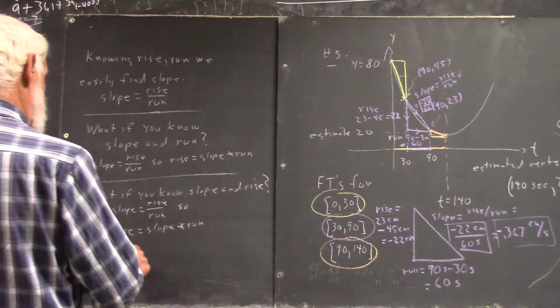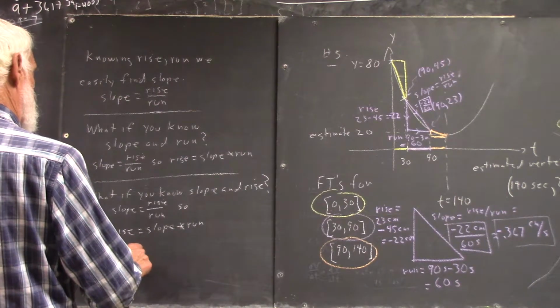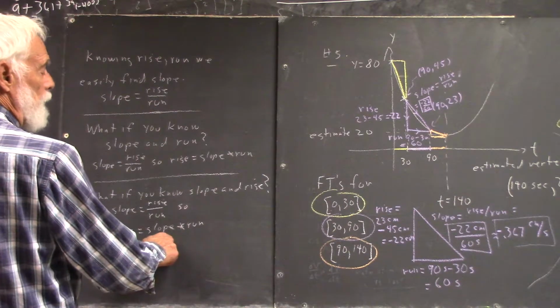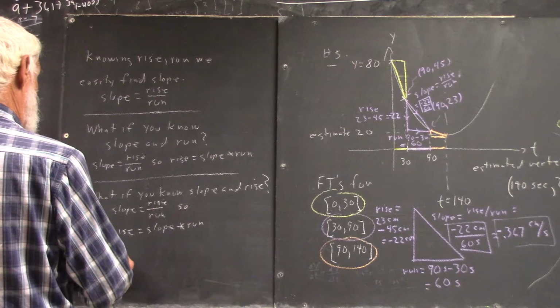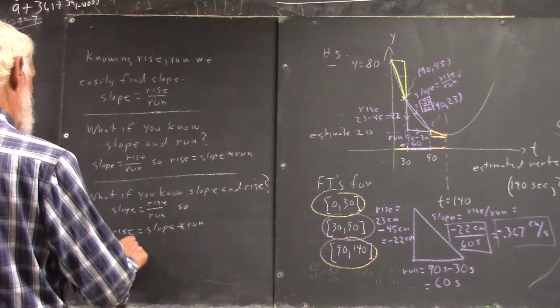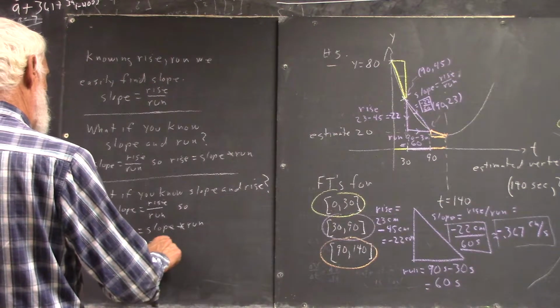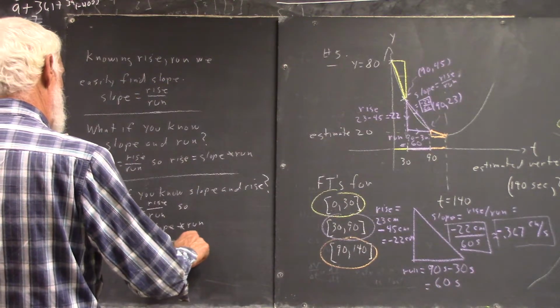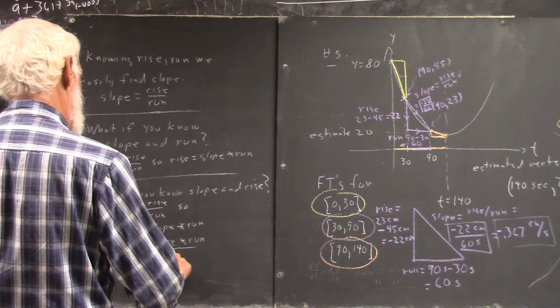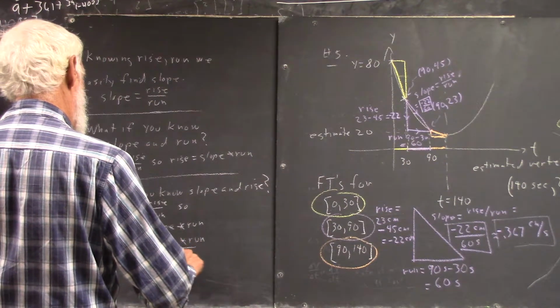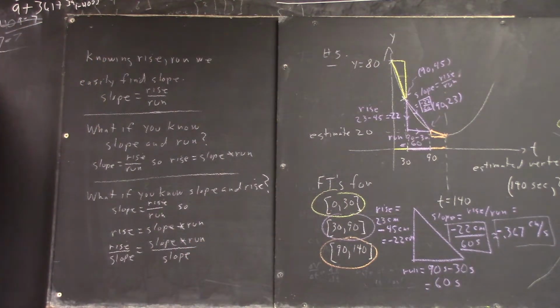I'm sorry, you divide both sides by the slope. Try to get the run. Okay?